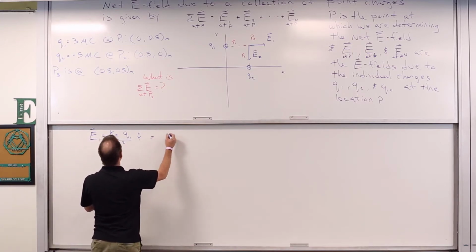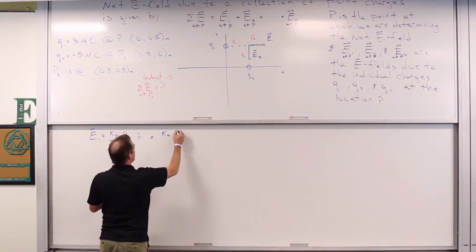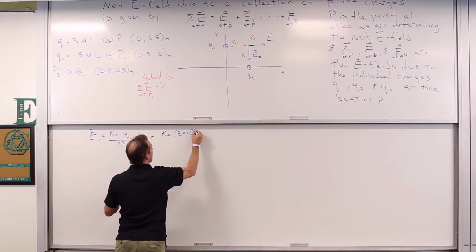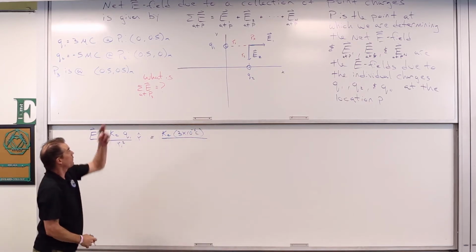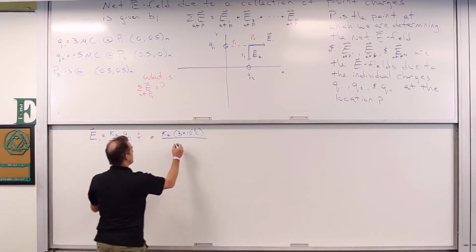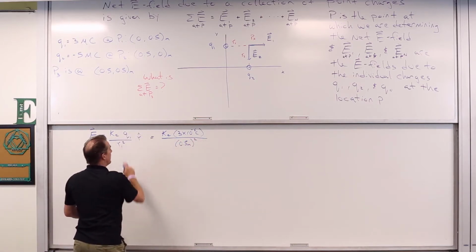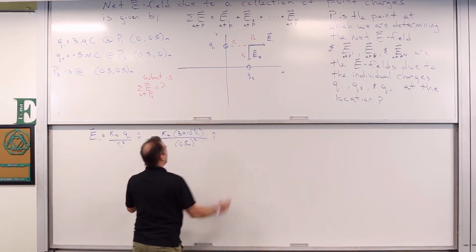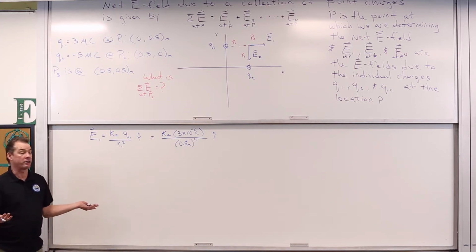And this is then going to be equal to K sub E times Q1, which is 3 microcoulombs, 3 times 10 to the negative 6 coulombs, divided by its radial distance away, which is just going to be 0.5 meters, then quantity squared. And again, this R hat is now in the I hat direction. We could quantify that quite easily, could we not?